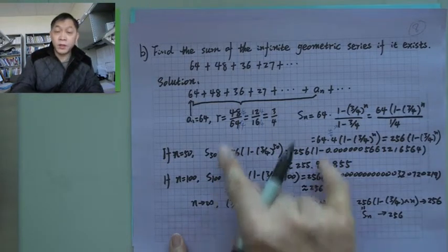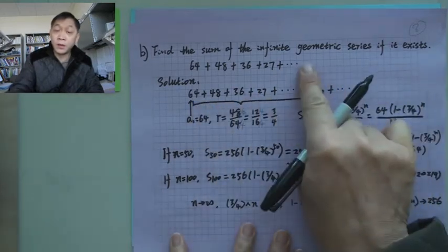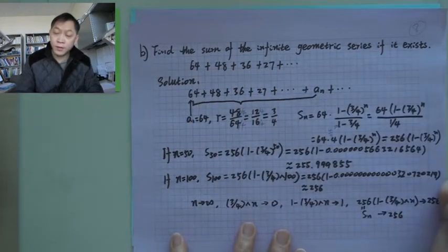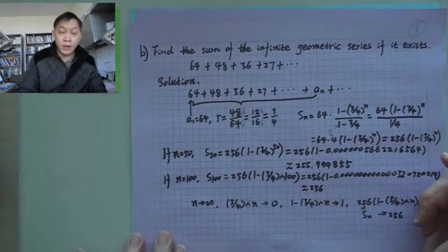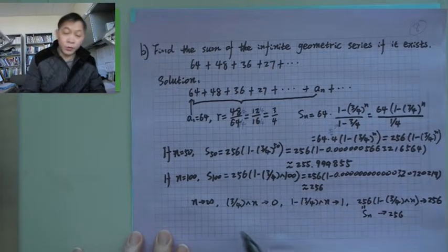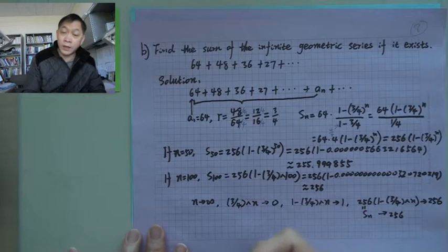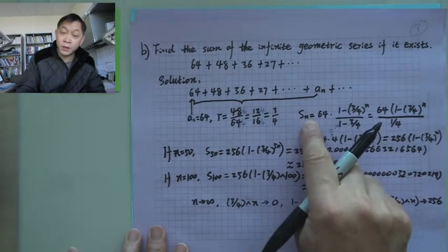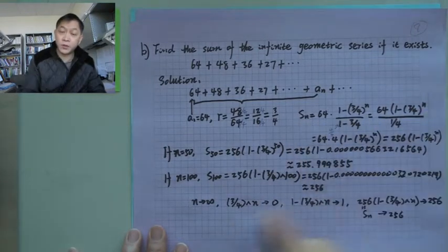N goes to infinity means we add all the terms together. Okay, so in this case, we may not use n anymore because n is only finite terms.